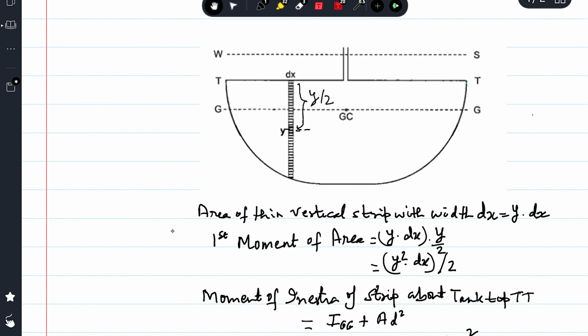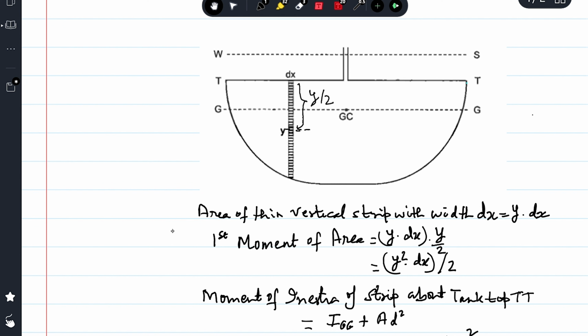We pick up a very thin vertical strip, like a vertical ordinate on the bulkhead. It's a very thin vertical strip with the width equal to dx, very small width dx, and the length of the vertical strip is y.